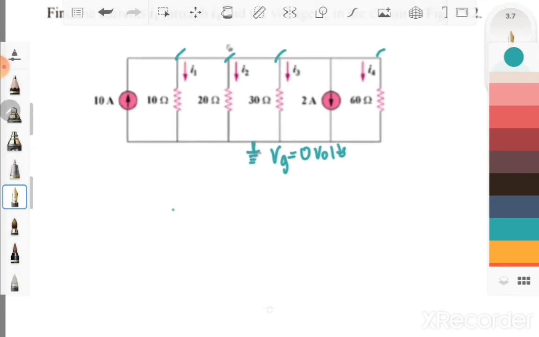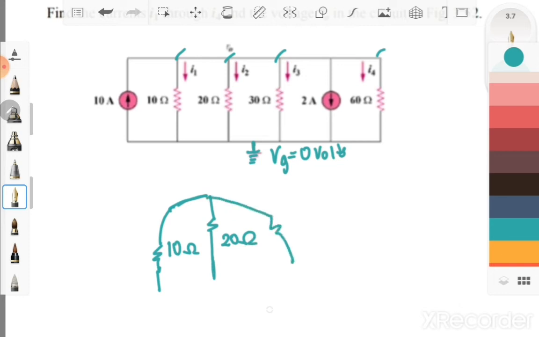I have, yan, may 10 ohm. 10 ohm, yan. May 20 ohm. 20 ohm. May 30 ohms. 30 ohm. And then, may 2 amperes.